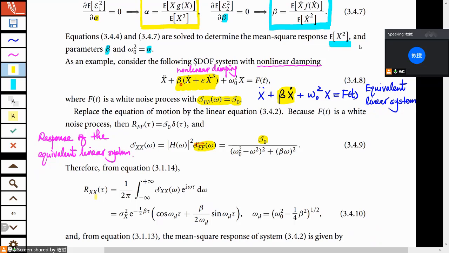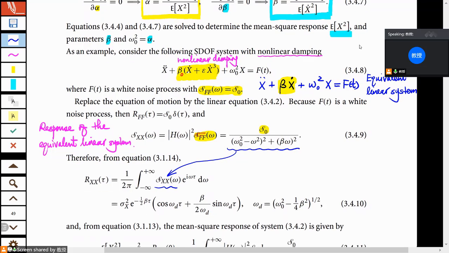And if we take the inverse Fourier transform, the autocorrelation function is given by the inverse Fourier transform of the power spectral density function. Okay, so plug this term in, and you integrate, you can get the response.